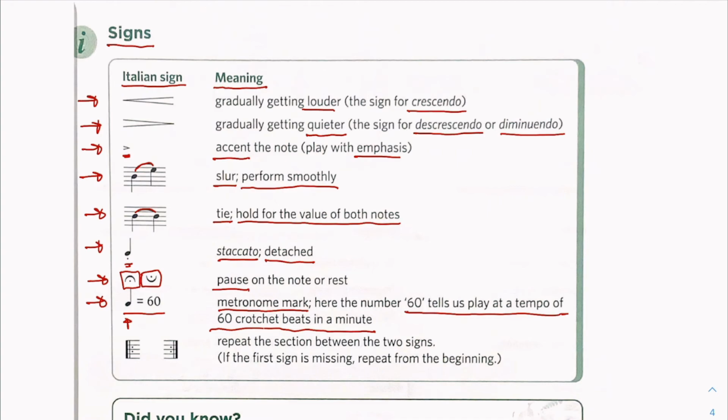If the crotchet becomes a quaver, it means to play at the speed of 60 quaver beats in a minute. Next, we have this double bar line with two dots, which is a repeat. If you see two sets of repeat signs, it means repeat the section between the two signs. If the first sign is missing, you repeat from the beginning.